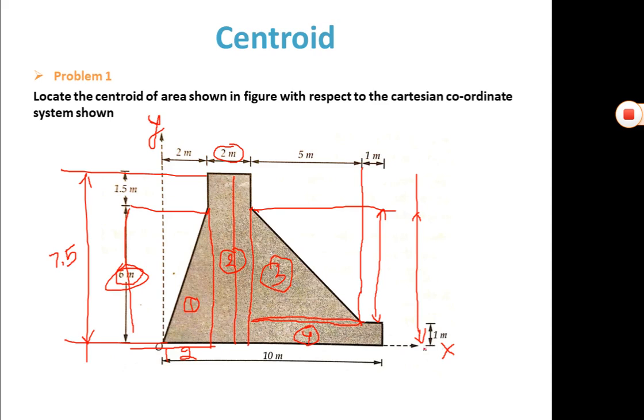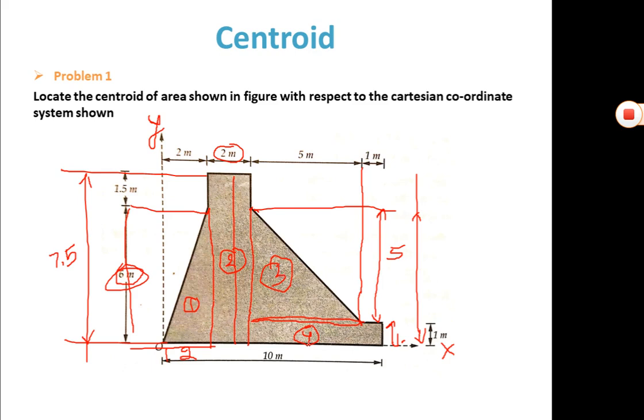Deduct that 6 meter from this, that is 1 meter. So 6 minus 1, we get 5 meter. 5 meter is the height, and 5 meter is the base of this right angle triangle, geometrical component 3.